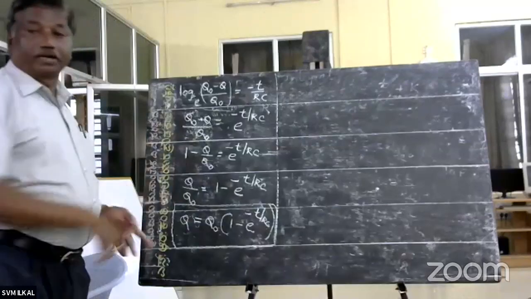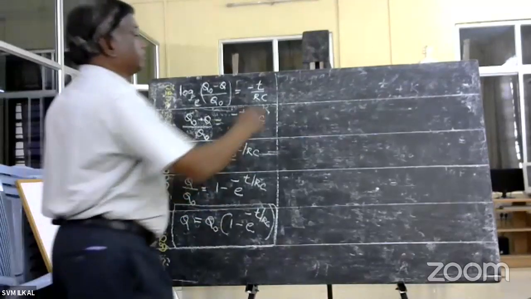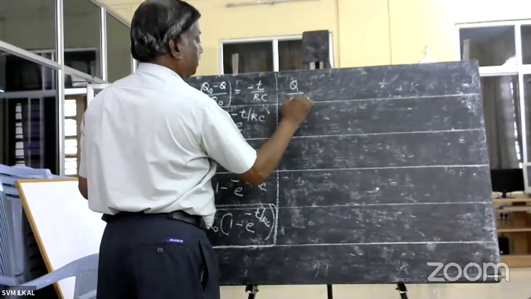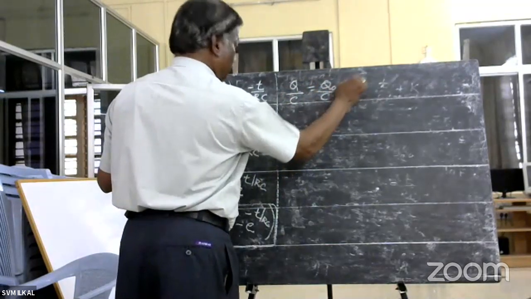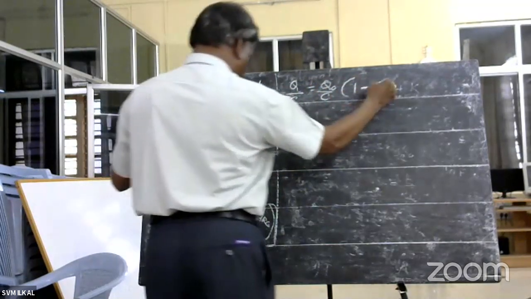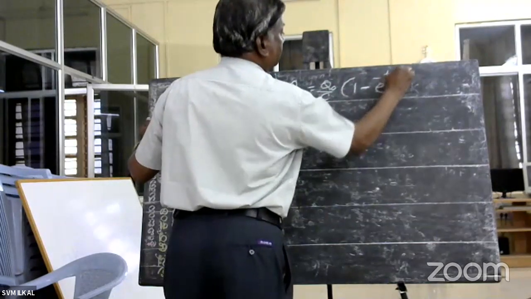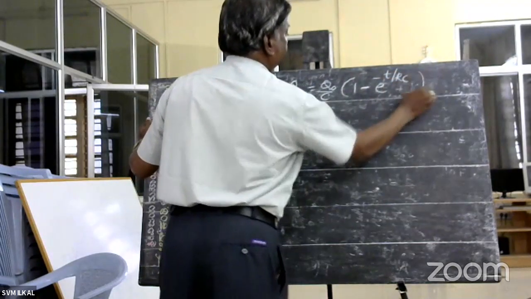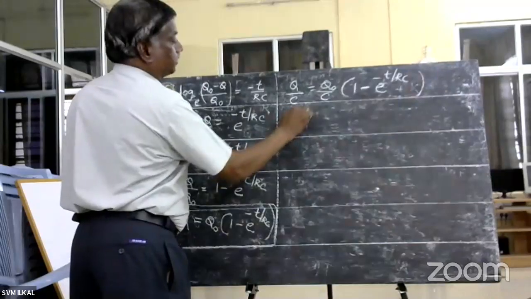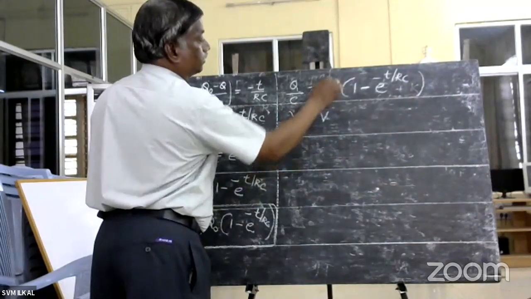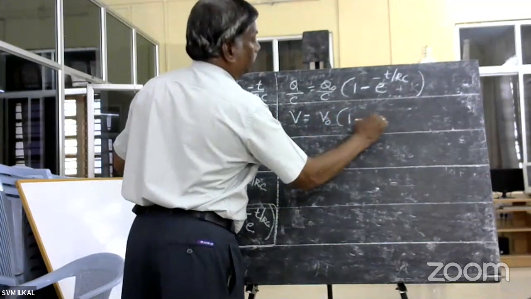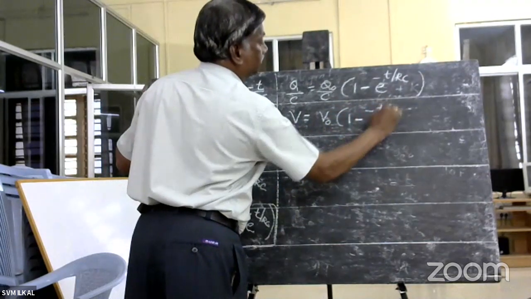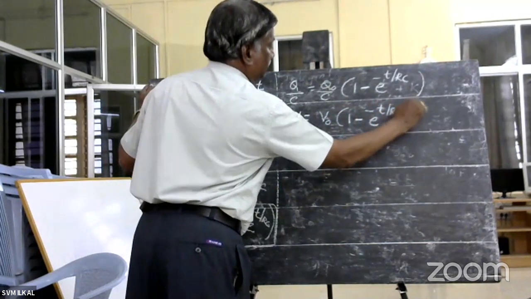If you divide by C on both sides of this equation, that is Q by C is equal to Q naught by C into the bracket 1 minus e raised to minus t by RC. Q by C itself is V. V is equal to Q naught by C, which is V naught, into the bracket 1 minus e raised to minus t by RC.